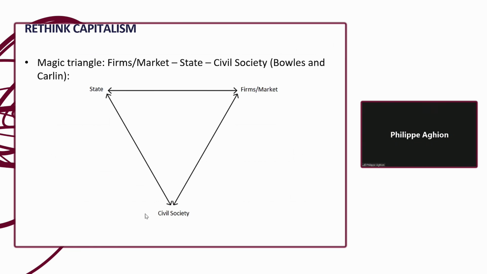But civil society has a role to play as a watchdog that the state is doing what it should be doing, because the state, again, could be bribed by firms to not implement green innovation. And also civil society directly, the consumers, have a role to play to push firms to innovate and produce greener. More and more you have B Corp and other things whereby consumers act as direct watchdogs to make sure that firms behave as they should.